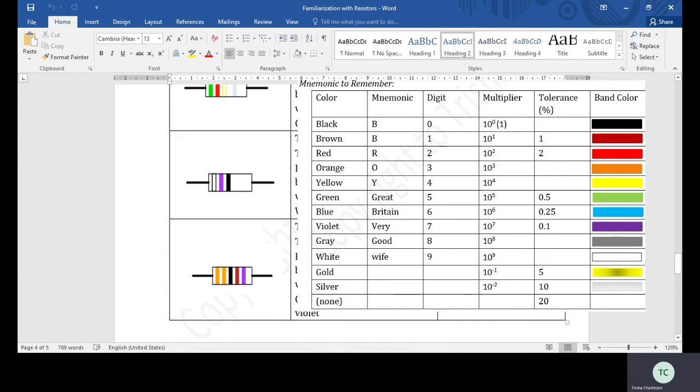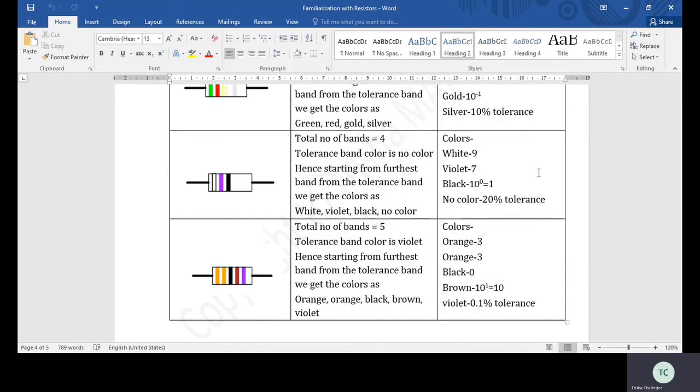So let's again memorize it: the color code sequence, where the seventh position is violet. So that violet is in our seventh position. So 97.